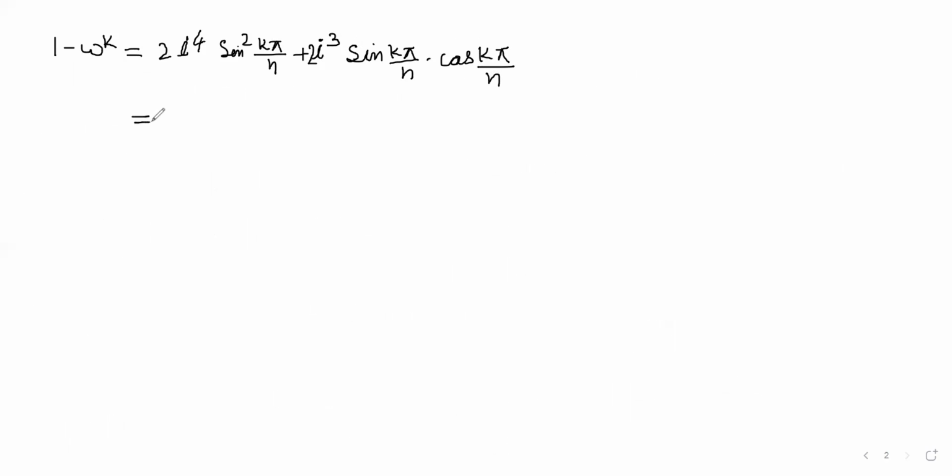Now I will take something common. So now you can figure it out: it is going to be 2 iota to the power 3 sine k pi upon n, and then we will get iota sine k pi upon n plus cos k pi upon n.